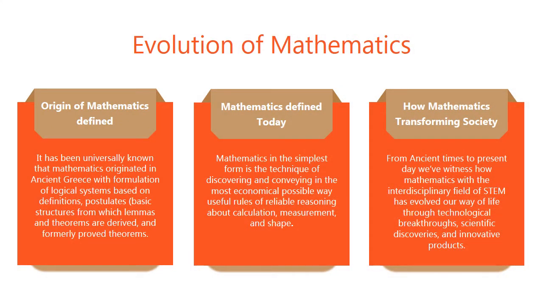Today's course is focused on the science of mathematics. What is mathematics and how has it evolved, transforming our society? It has been universally known that mathematics originated in ancient Greece with the formulation of logical systems based on definitions, postulates, basic structures from which lemmas and theorems are derived, and formally proved theorems.